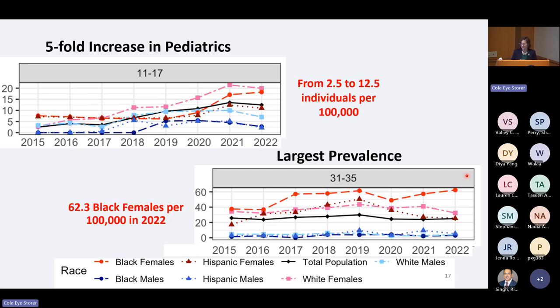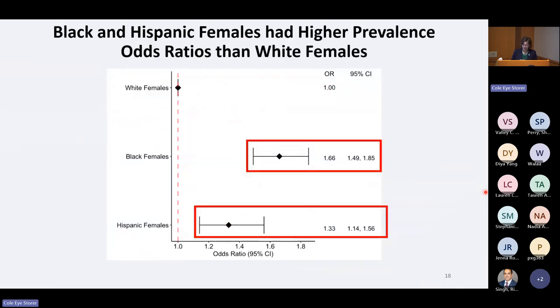And we were not surprised by these results. Again, this is a disease of reproductive aged women. But what was surprising by our results was that Black females had the largest prevalence here at 62 Black females per 100,000 Black females in the United States. And this was followed by our white females and our Hispanic females.